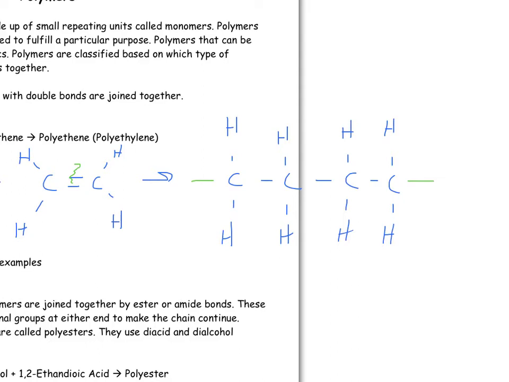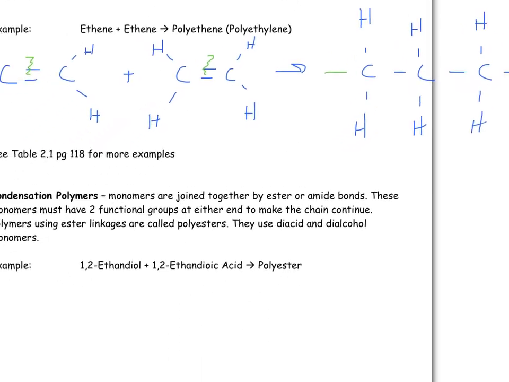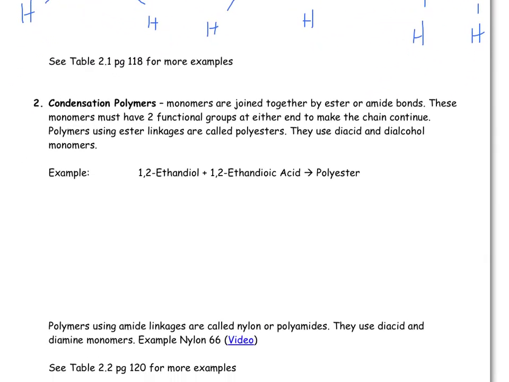When you want the chain to finish, you bubble in hydrogen gas, which would then bond onto the end carbons and complete your chain and make all of your carbons stable. For more examples of addition polymers, look on page 118 of your textbook on table 2.1.